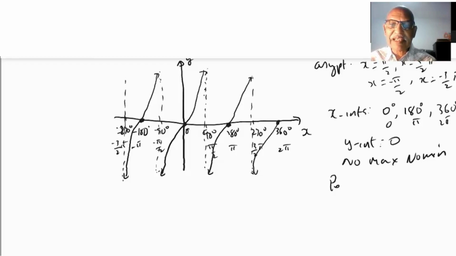We have seen in the sine graph and cosine graph, the period was 360 degrees, but the period for the tan graph is 180 degrees, or pi. We have a cycle every 180 degrees.